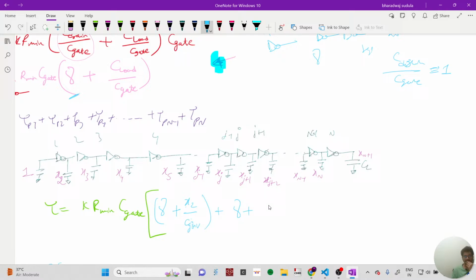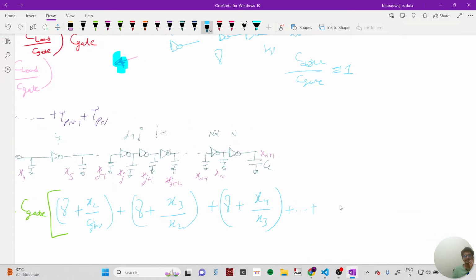So gamma plus the second inverter's load cap x3, input gate cap x2, and gamma plus load cap x4, input gate cap x3, and so on for the j minus 1th gate.